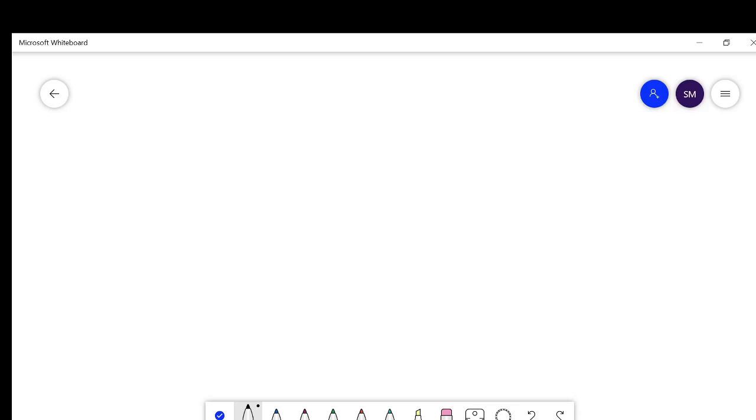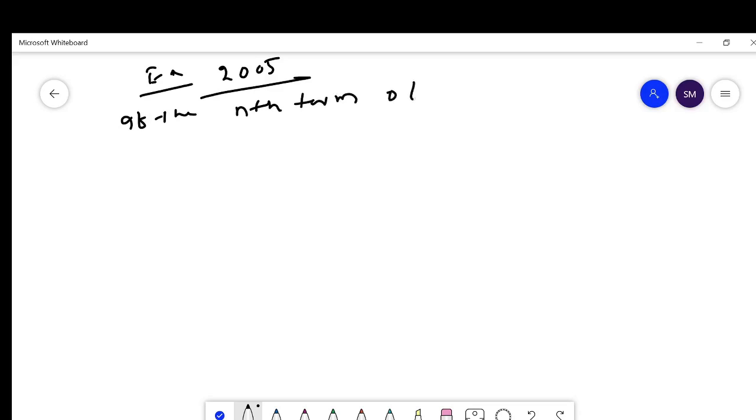Here the question, which was already asked in the 2005 CBSE question paper, says: if the nth term of an AP is 2n plus 1, find the sum of first n terms of the AP.